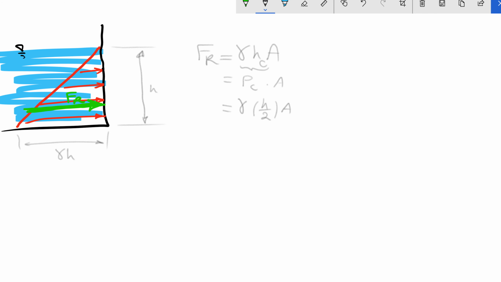Let me draw a 3D shape of our pressure. I do my best, but I'm not promising it is going to be nice. Not bad. Okay. So this is my pressure.